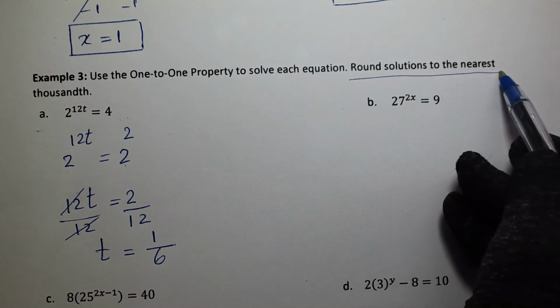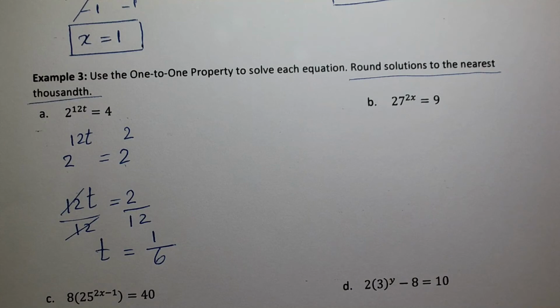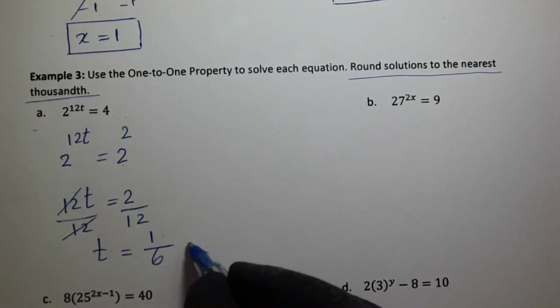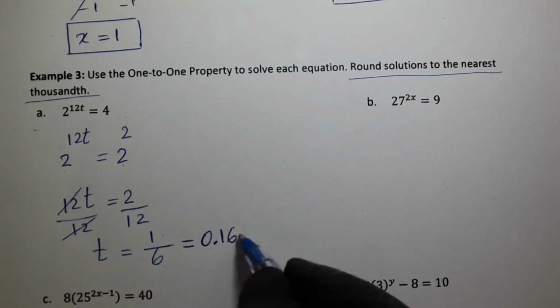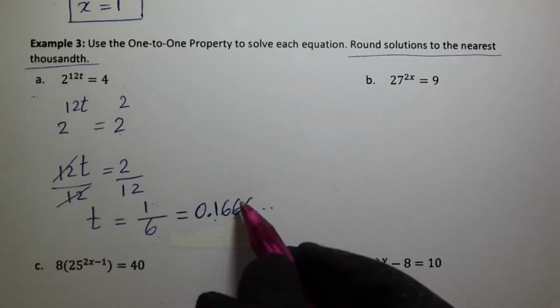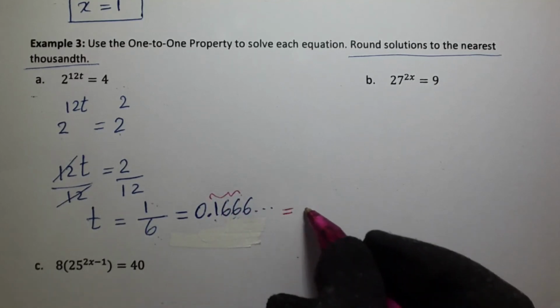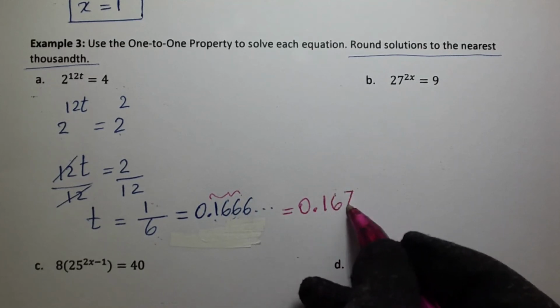Since the question asks us to round the solution to the nearest thousandth, we can use a calculator and find 1 over 6 as a decimal. 1 divided by 6 is 0.1666. So nearest thousandth means 3-digit decimals. So the answer is going to be 0.167.